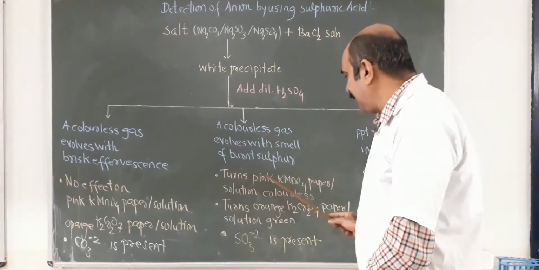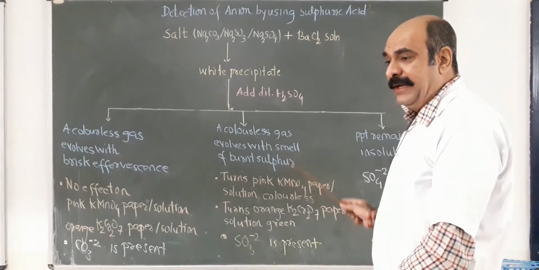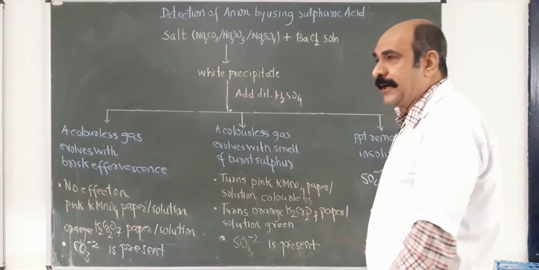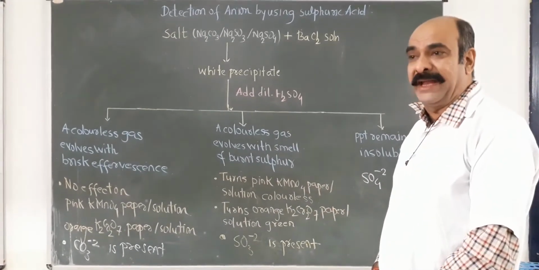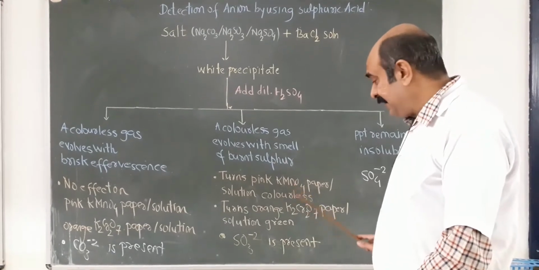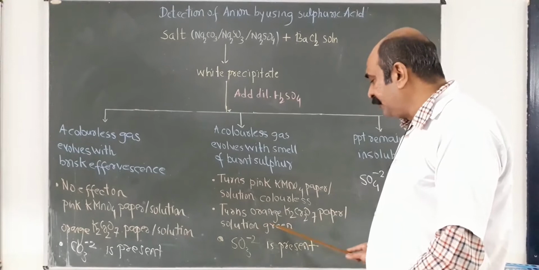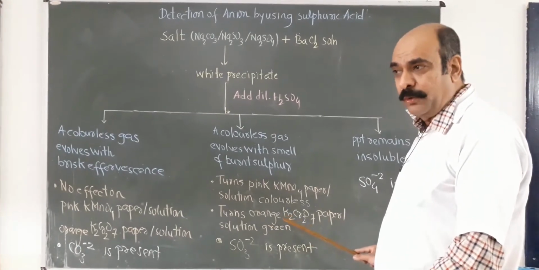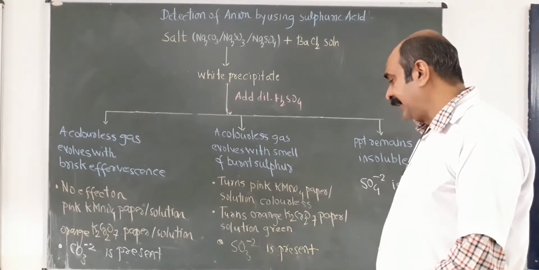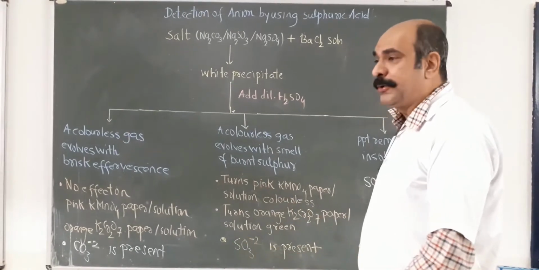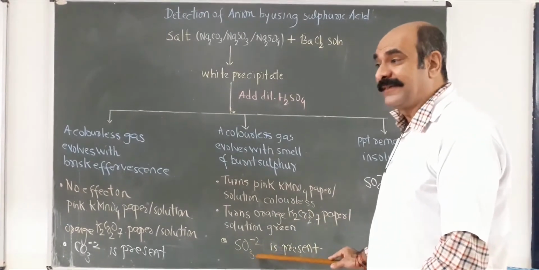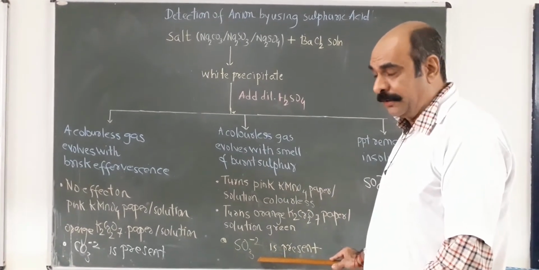Now, the pink color KMnO4 paper turning colorless in the presence of SO2 is because of the formation of manganese sulfate, which is colorless, and the orange color K2Cr2O7 paper or solution turns green because of the formation of chromium sulfate, which is green in color. With this I can predict the presence of sulfide radical in the salt.